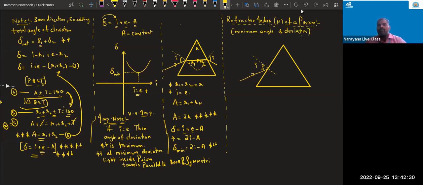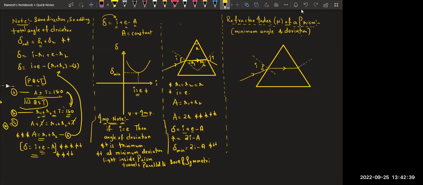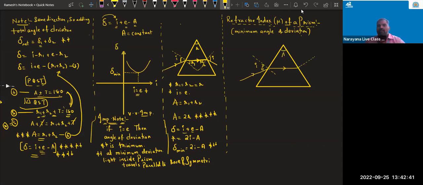Compulsorily, the light ray inside the prism must be parallel to the base of the prism. This is capital A, and according to the law of symmetry, this is small r, and this also must be i. These are the conditions that we know already.